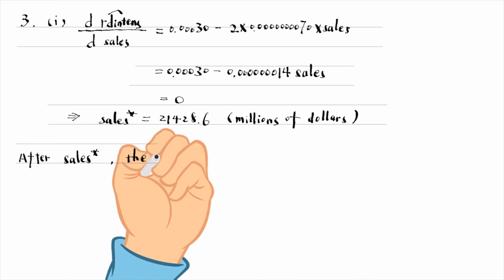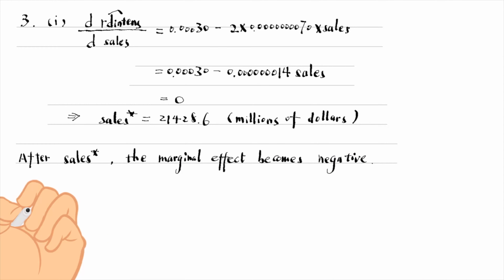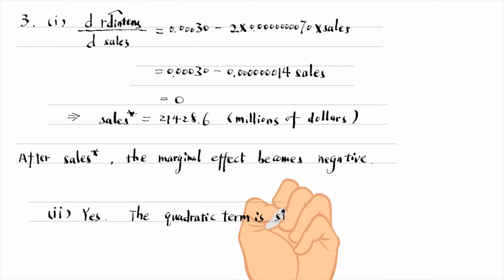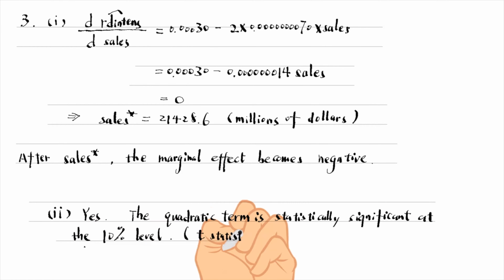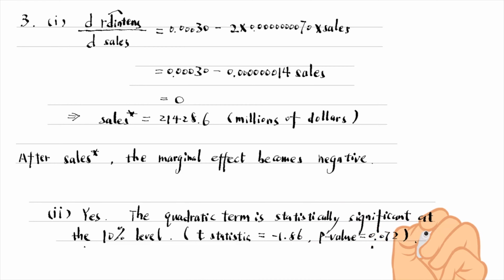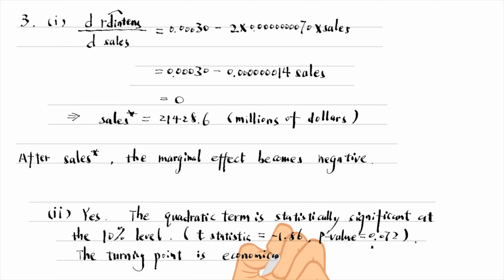After that point, the marginal effect becomes negative. My answer to the second question is yes. The quadratic term is statistically significant at the 10% level against a two-sided alternative. Its t-statistic is minus 1.86 and its p-value is 0.072. And the turning point is economically meaningful.